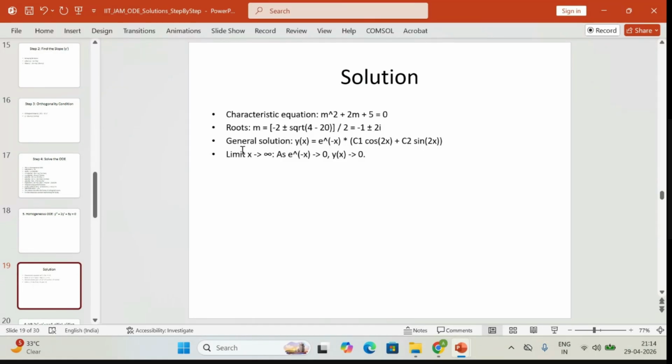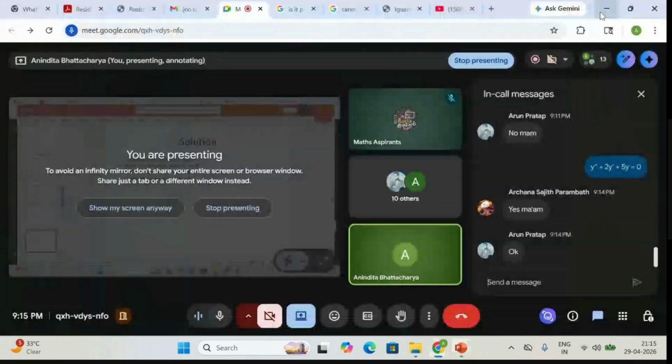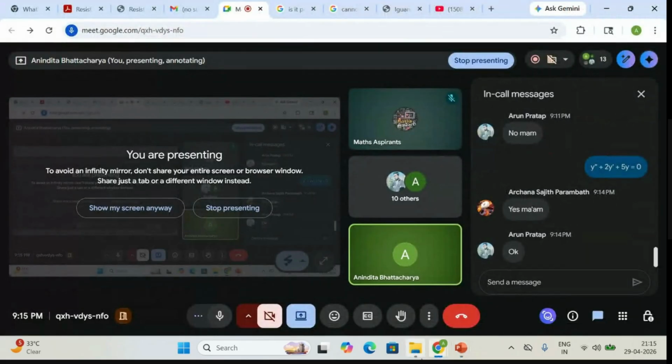I did not ask for this, but just for your information, as x tends to infinity, e to the power minus x will tend to 0, and this term will tend to 0 faster than this term. So y(x) will also tend to 0. Is that okay? Should we move on to the next problem? Okay.